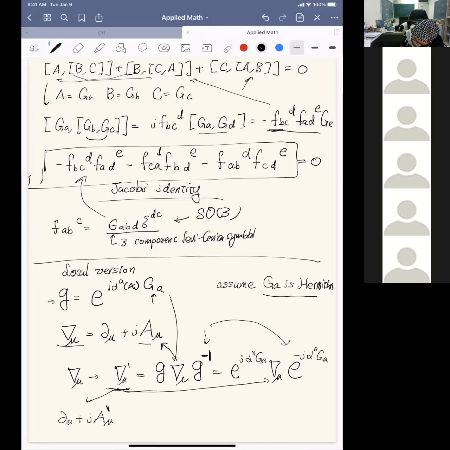On the right-hand side, this becomes equal to exponential i alpha^A G_A, partial mu plus i A_mu, times exponential minus i alpha. Let me use B, another index instead. Sorry, this is B. Okay, so let's work out how this transformation works.